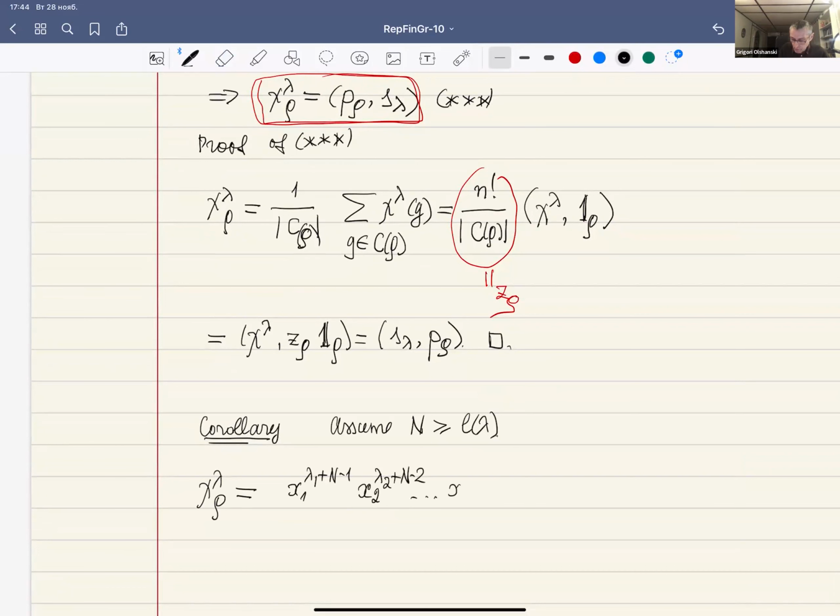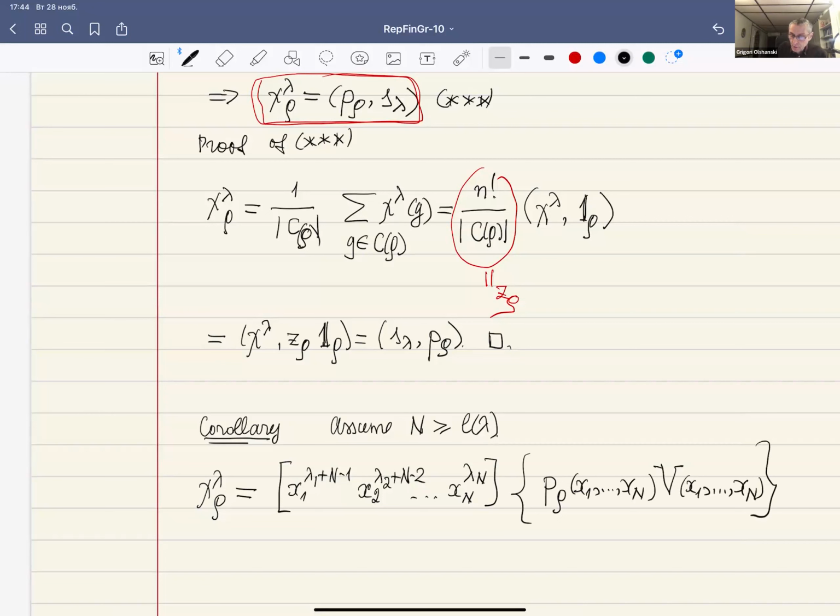This is a monomial. This is the Vandermonde determinant. So what is written here?